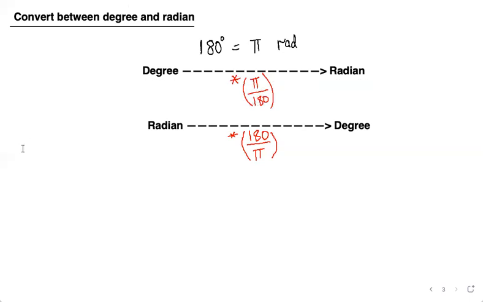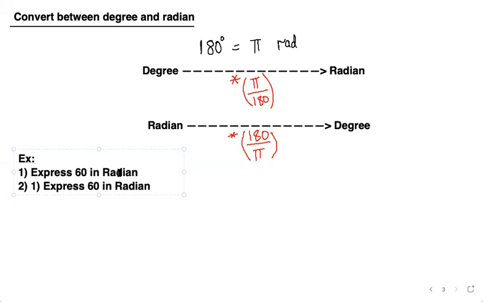Okay, so my example now: number 1, express 60 degrees in radian. Number 2, express pi over 6 in degree.